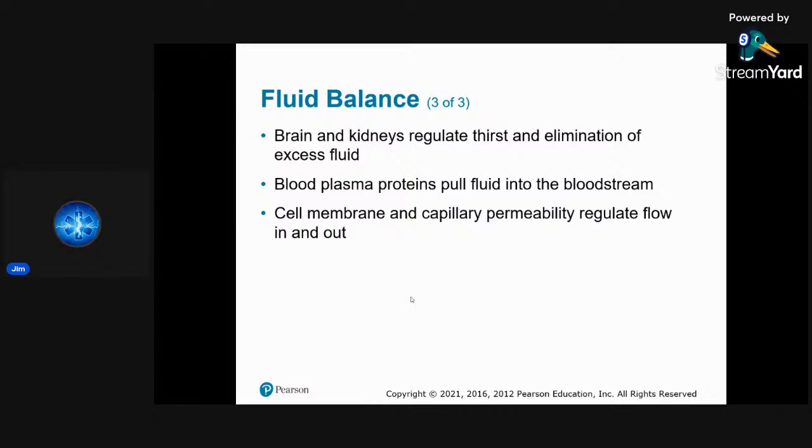So if something interrupts these plasma proteins, for example liver failure, where liver function isn't up to what it should be, this could be an issue. Cell membrane and capillary permeability regulate flow in and out. This is how it moves in and out, through the permeability of the cell. So anything that affects this permeability will change it or cause a shift in our fluid balance.